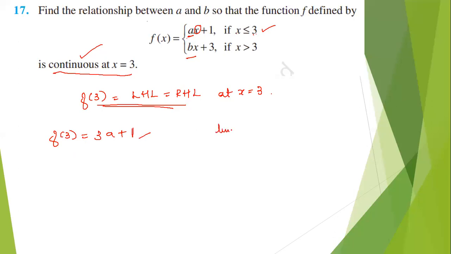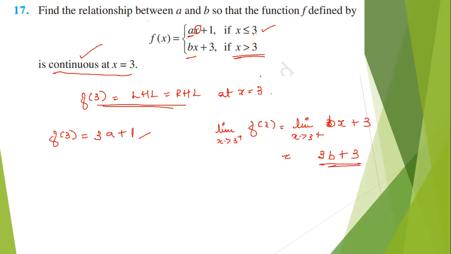What will be the right hand limit? Limit x tending to 3 plus f of x. Right hand, so x greater than 3. So it is bx plus 3. That will be 3b plus 3. Correct? Right hand limit will be this.